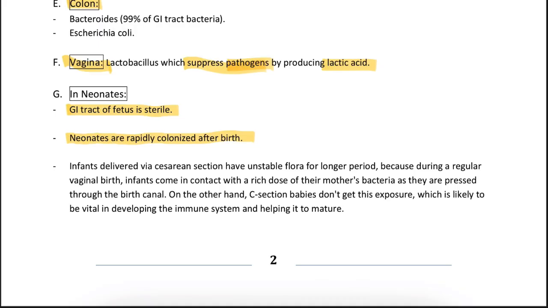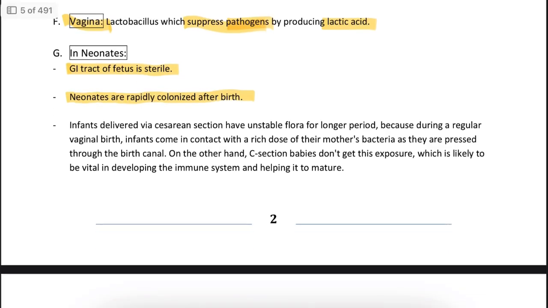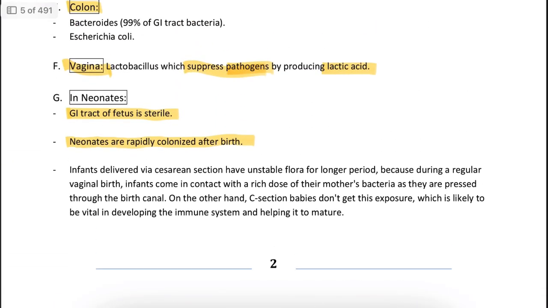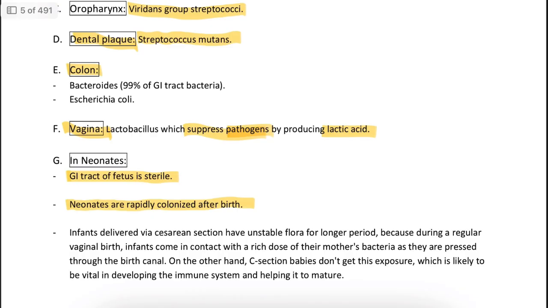Okay, so what are the clinical applications? For diagnostics, normal flora helps interpret cultures. For example, S. epidermidis in blood might be a contaminant or a pathogen depending on context.